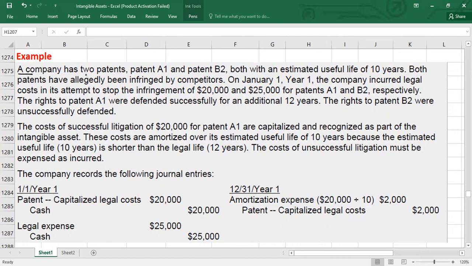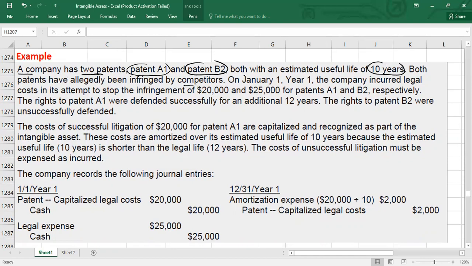A company has two patents, patent A1 and patent B2, both with an estimated useful life of 10 years. Please remember, guys, it's a patent and it should be amortized over the shorter of useful life or legal life. Both patents have allegedly been infringed by competitors.